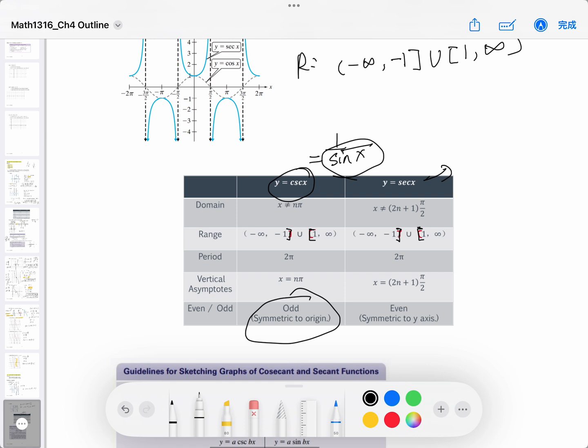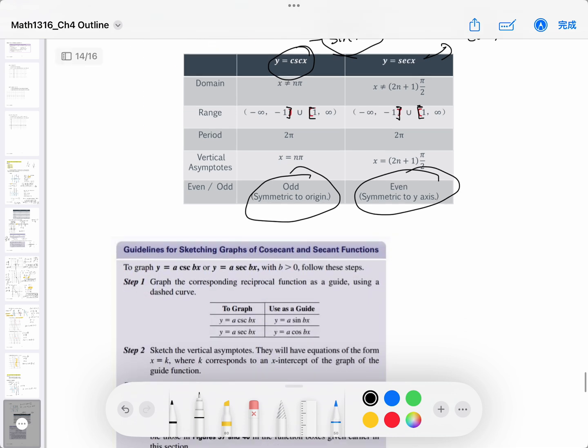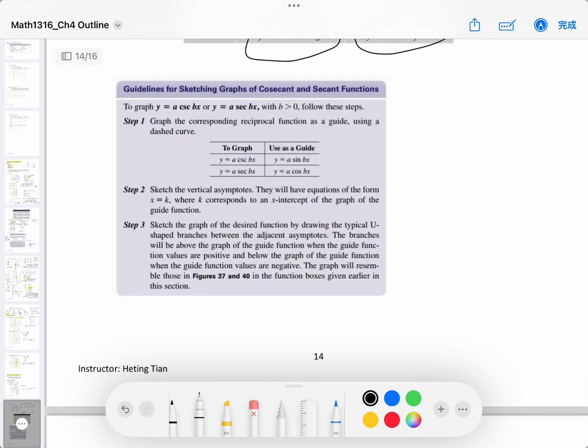Secant is 1 over cosine, and cosine is an even function, so secant is also an even function. How to graph them? We should graph the reciprocal first, and then do the bump to bump or head to head.